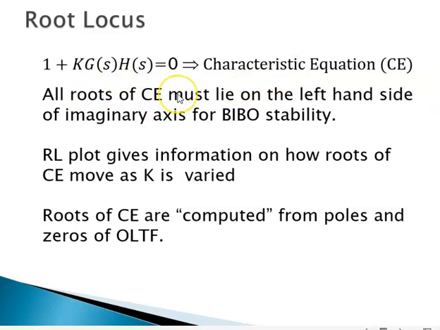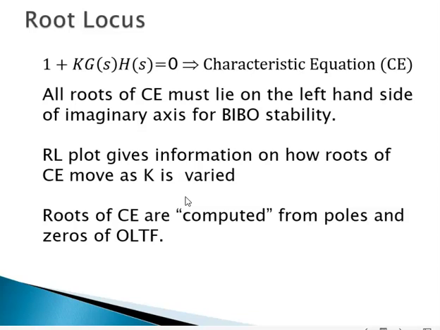All the roots must lie on the left hand side of the imaginary axis. Even if one root lies on the right hand side of the imaginary axis, the system is no longer stable.